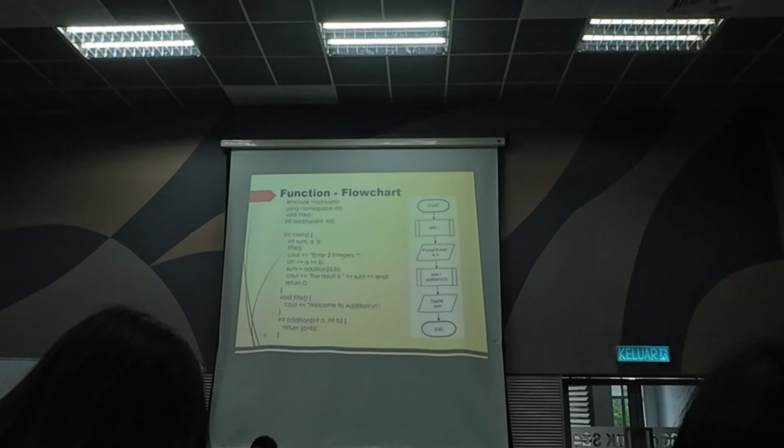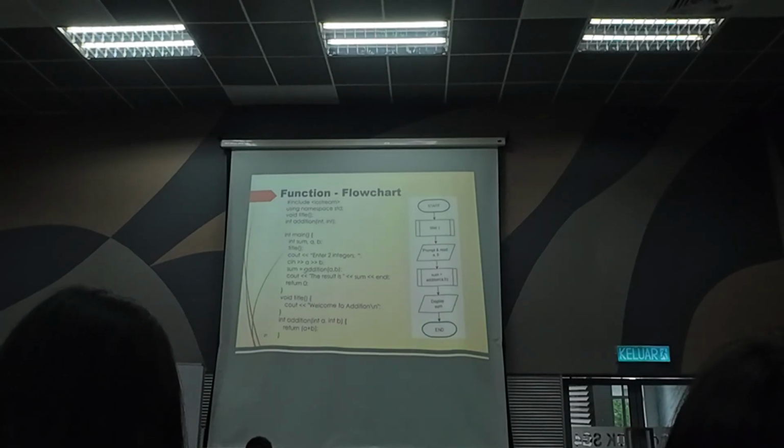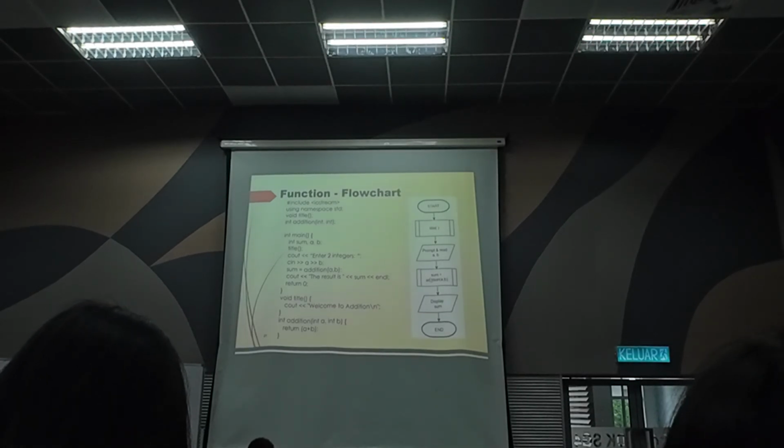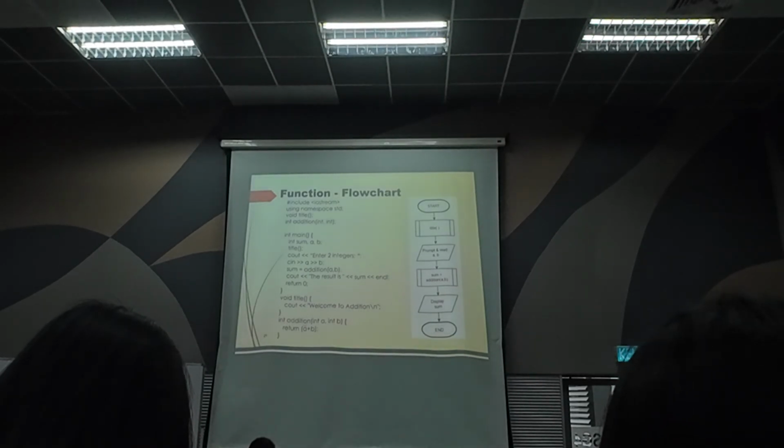To enter these two integers, the output and input. And then next you're going to do a process, right? A specific action, which is addition. So you have a process to count this sum, which equals addition of A and B, your parameters here, your values. So for these additions, we call the addition function to do this A plus B operation.